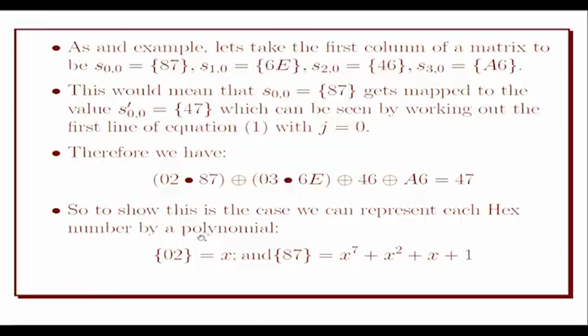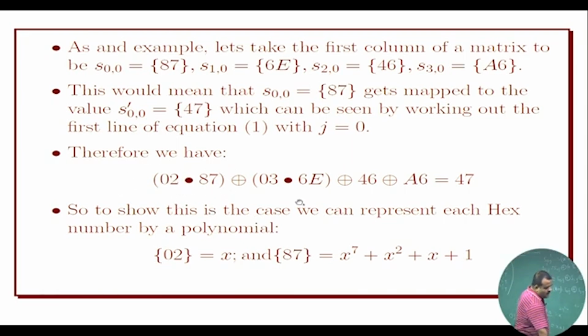This is the field operation we need to perform: x into this, then x plus 1 into this, and then bitwise XORing. If we do that, we will be getting 47 for the first entry of this column.